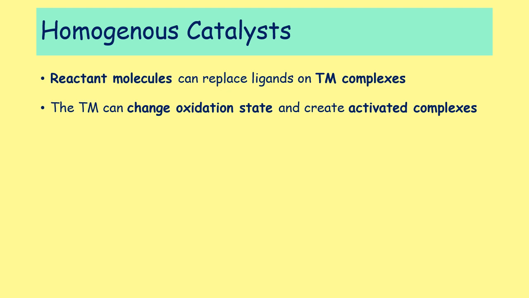The transition metal is able to change oxidation state. We know that that's a really common thing. And by doing so, it might be causing oxidation or reduction of the reactant molecule, which will make the reactant molecule more reactive. And again, it's forming an activated complex.